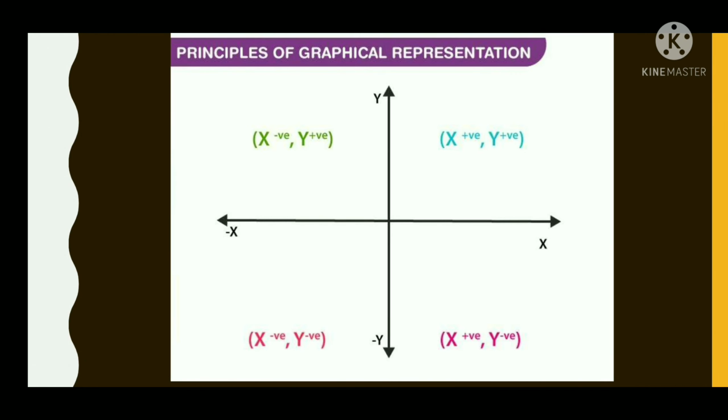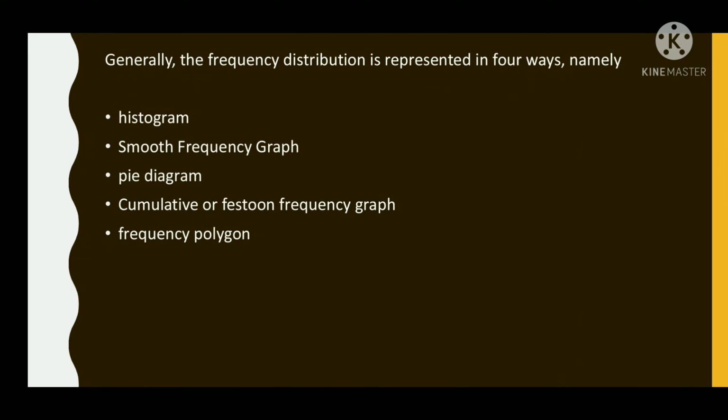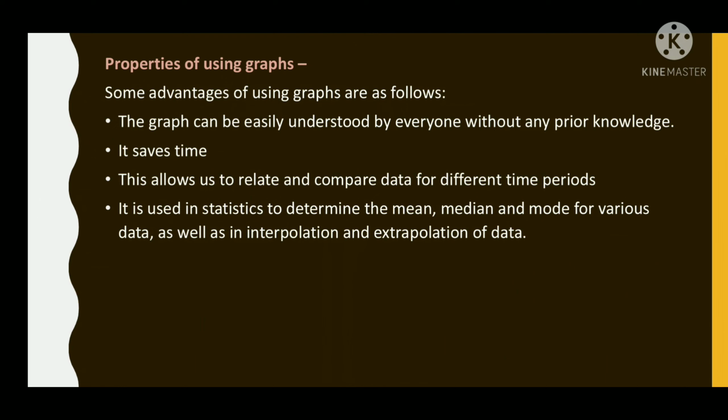Generally, the frequency distribution is represented in four ways, namely histogram, smooth frequency graph, pie diagram, cumulative frequency graph, then last one is frequency polygon. Properties of using graphs. Some advantages of using graphs are as follows.